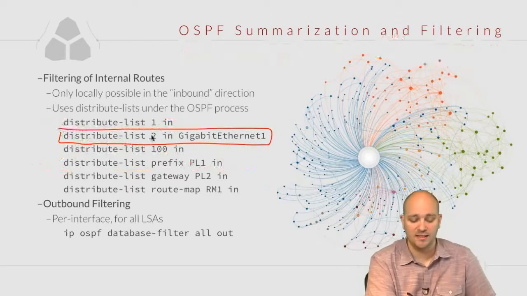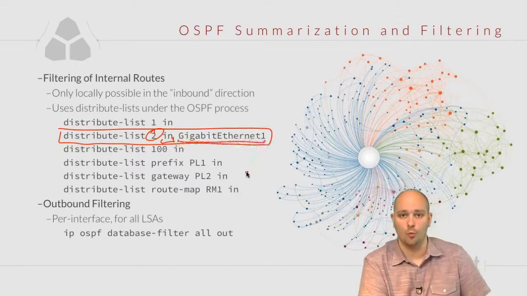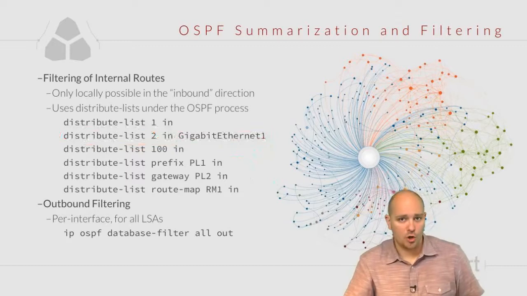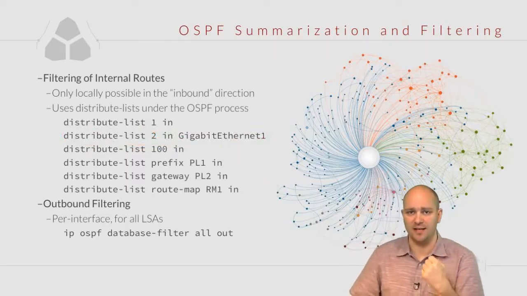Another example that we can use is this. It says distribute-list 2 in, in the inbound direction, on GigabitEthernet 1. What this command is going to do, remember, is not filter any LSAs. So we are still going to be receiving LSAs.